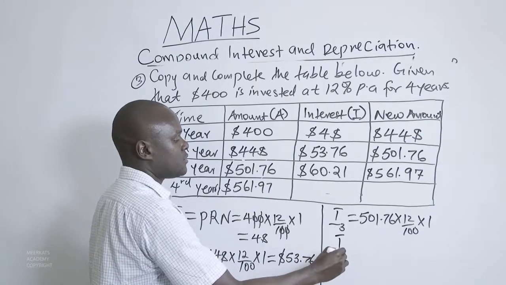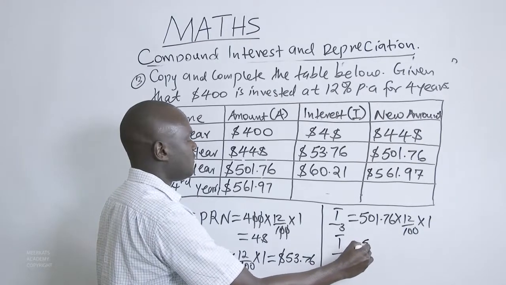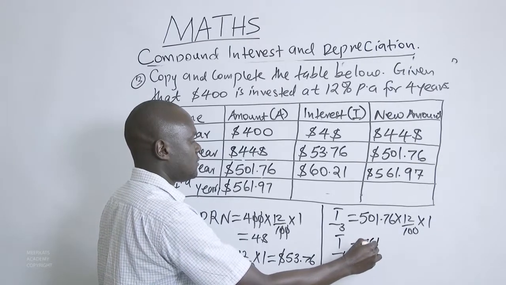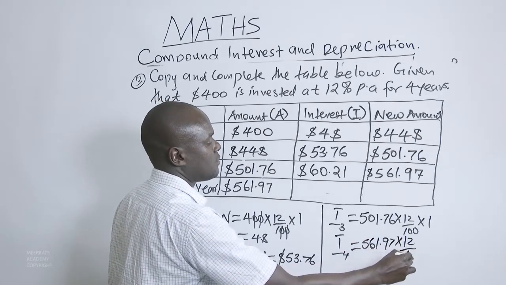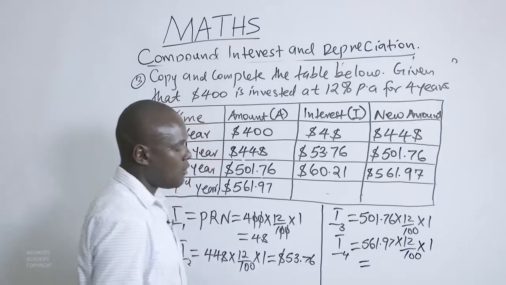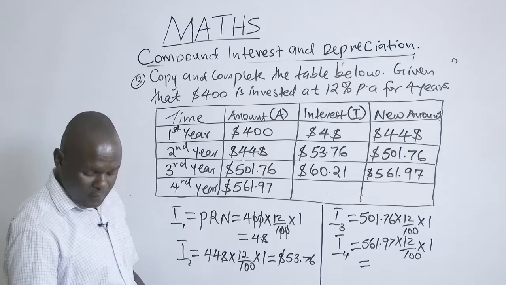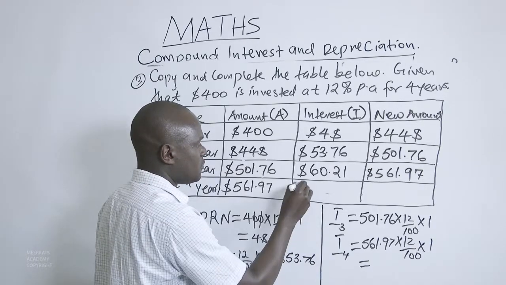How much will it attract as interest in the fourth year? The interest in the fourth year will be the product of the principal, which is 561.97, multiplied by the rate multiplied by the period. How much will that be? That will give us $67.44.